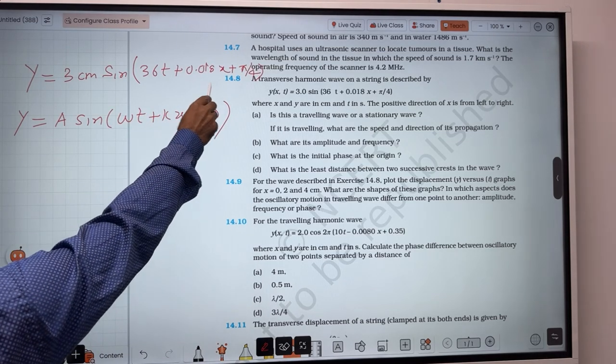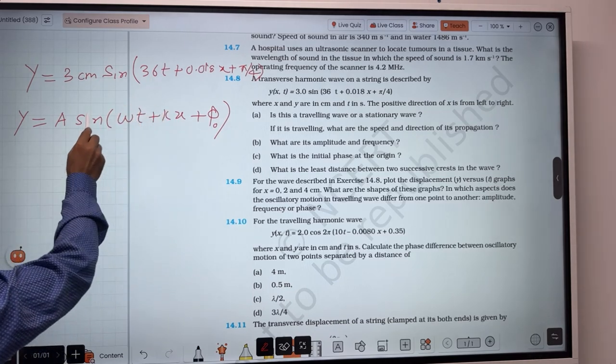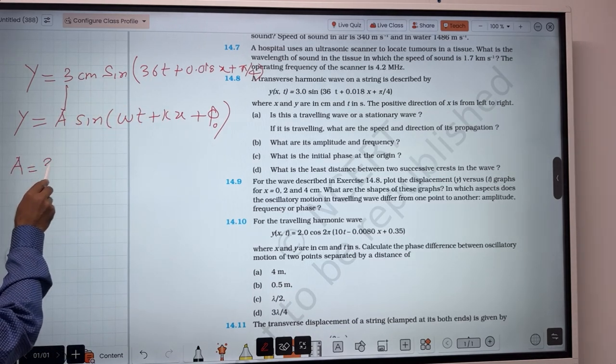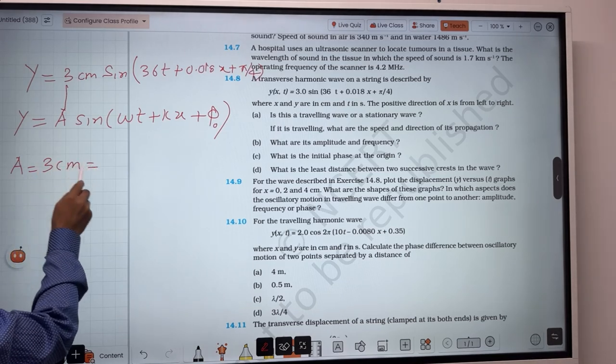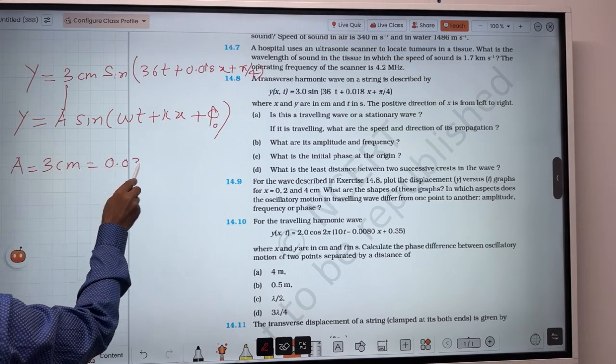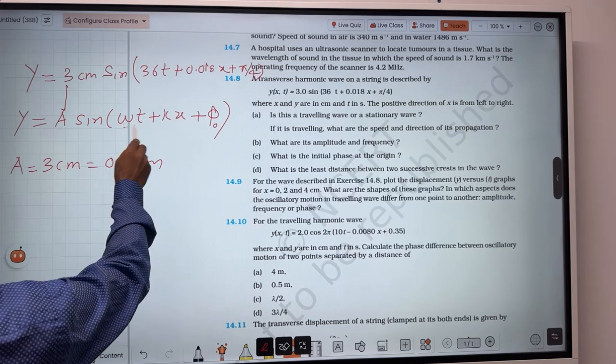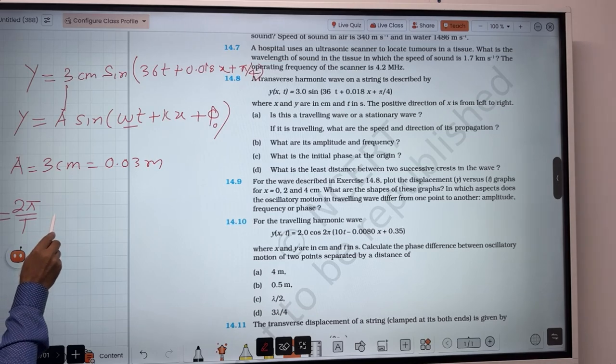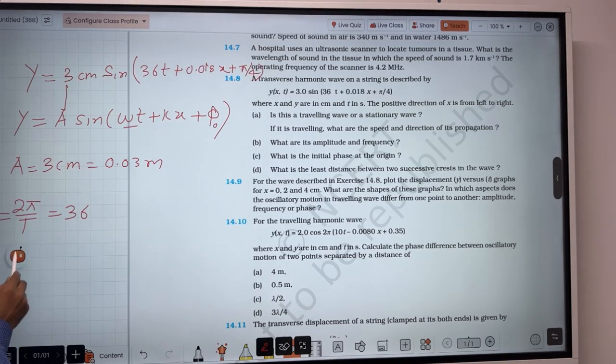So here, what do we do? First let's write A. A is the amplitude, which is 3 centimeter, or in meter, 0.03 meter. Then omega. Omega means 2π by T, and that is equal to 36.